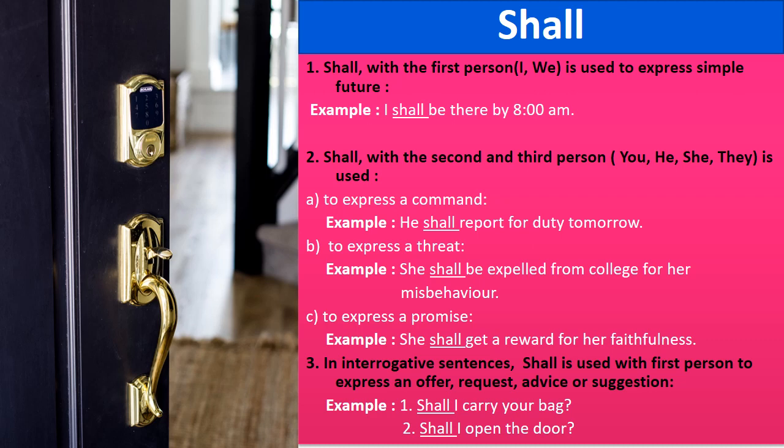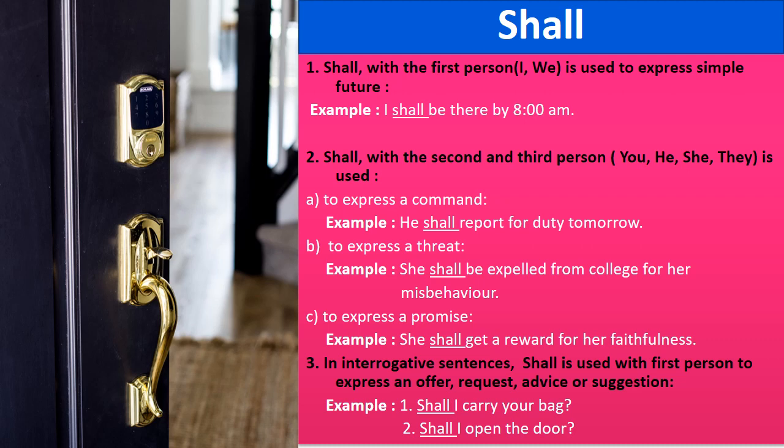For example, she shall be expelled from college for her misbehavior. So it is a threat. To express a promise. For example, she shall get a reward for her faithfulness. So when you are using shall with you, he, she, they, that time it does not express future. Rather, it expresses command, threat, or promise.